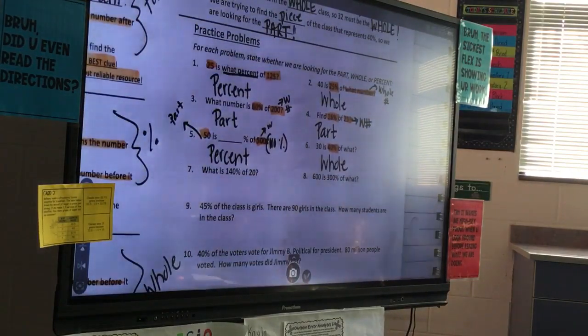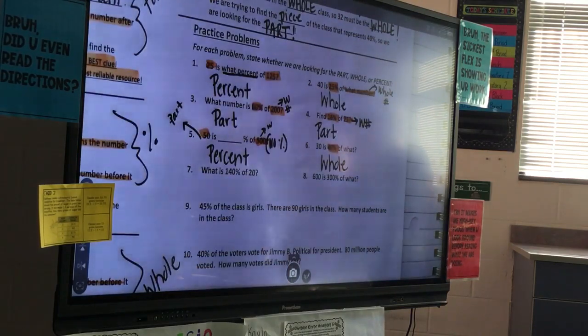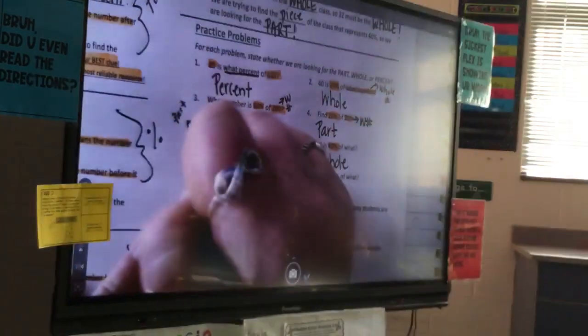All right, number 7. What is 140% of 20? Stand up if you picked part. Stand up if you picked percent. Stand up if you picked whole. All right, this is a part.